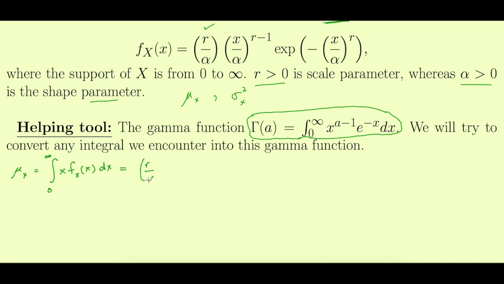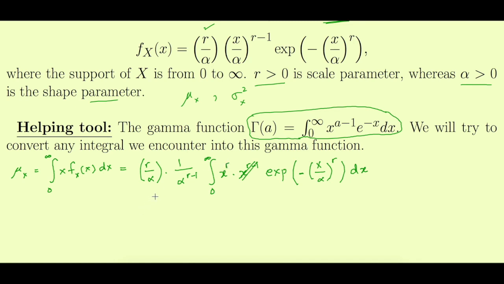So we have r over alpha, then 1 over alpha to the r minus 1, and then the integral from 0 to infinity of x times x to the r minus 1, then the exponential of minus x over alpha to the r, dx. Then I can combine these and say x to the r. Correct?